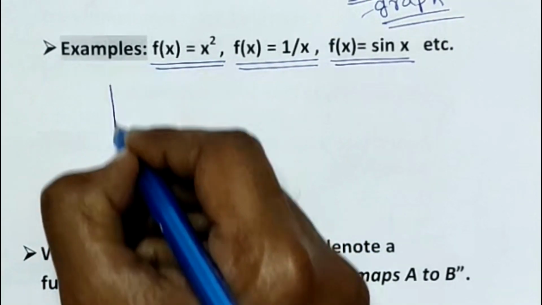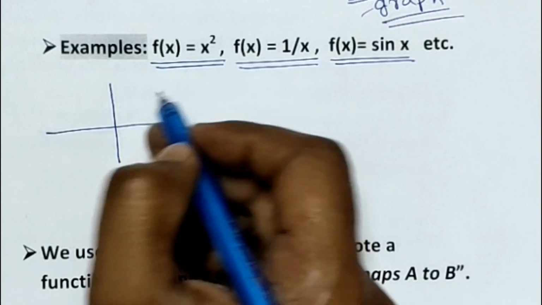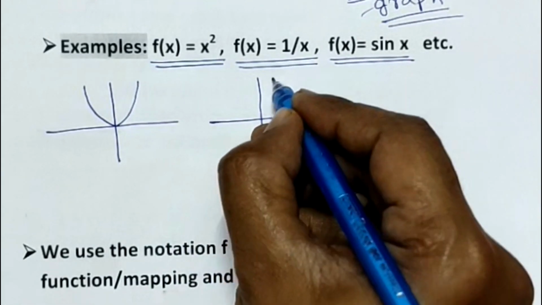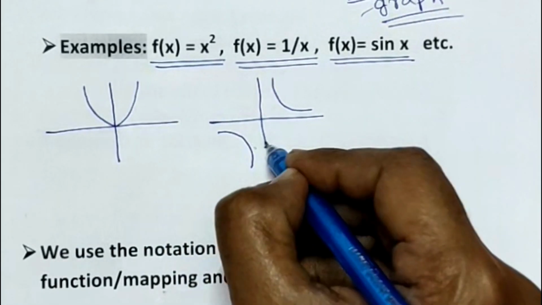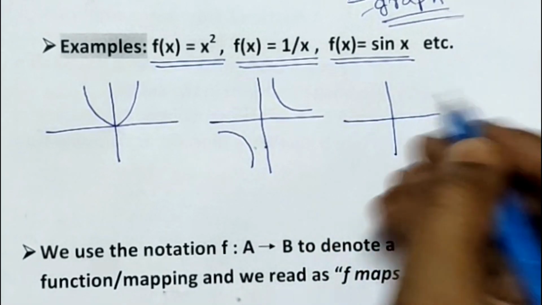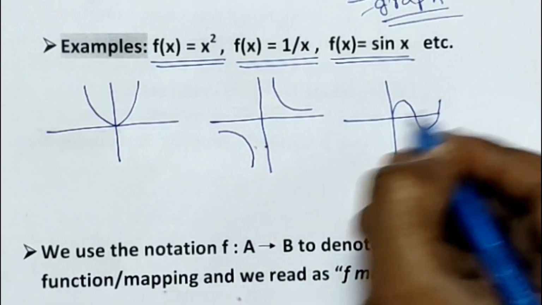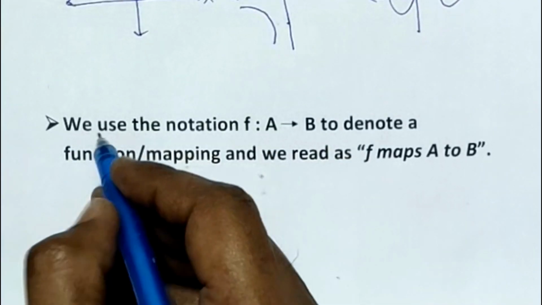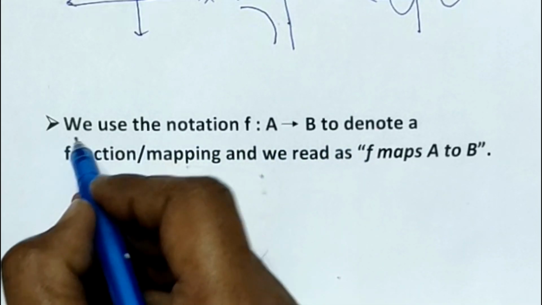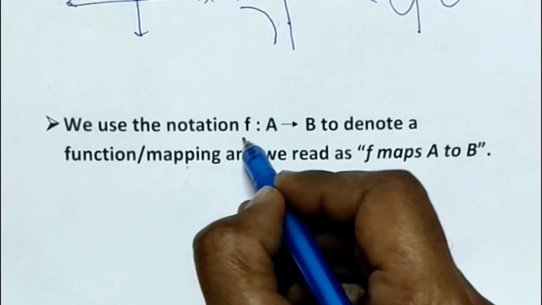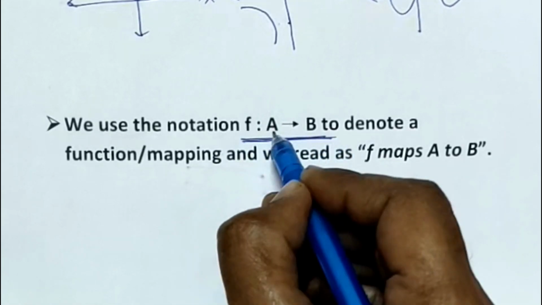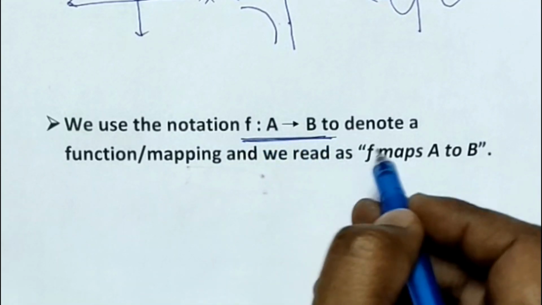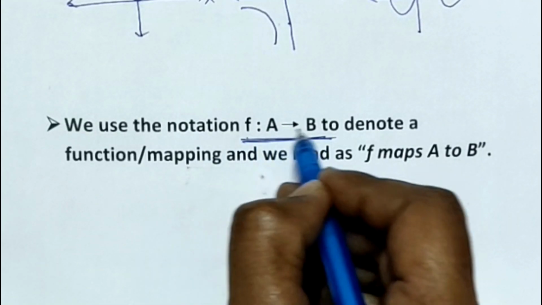Now if we want to draw the graphs of the curves, f(x) equals x square gives us this graph, f(x) equals 1 upon x gives us this graph, and f(x) equals sin x gives us this kind of graph. Now, how to represent a function mathematically? We use the notation f colon A arrow B to denote a function or mapping, and we read it as f maps A to B.